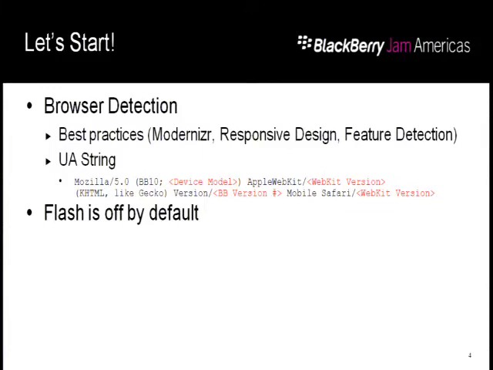We have a new user agent string that came into BlackBerry 10. What we've done was to actually take the word BlackBerry out of the user agent string. The reason we did this is because there were a lot of websites and web content that explicitly targeted BlackBerry with the lowest common denominator content that they could muster.